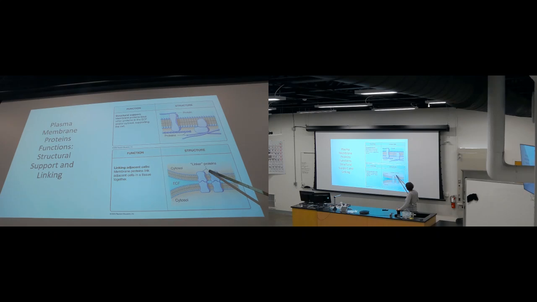And some others link cells, like this is cell number 1, this is cell number 2. These proteins form little windows called gap junctions. Some cells have gap junctions so that you can transfer electrical currents and ions like calcium.